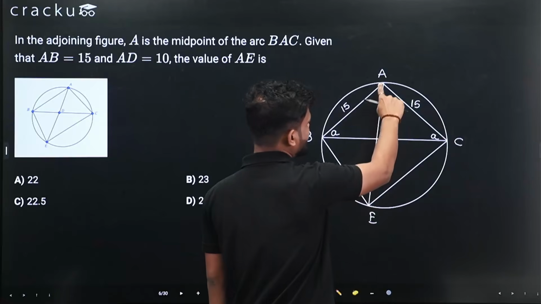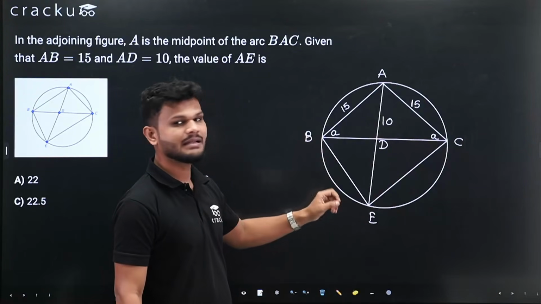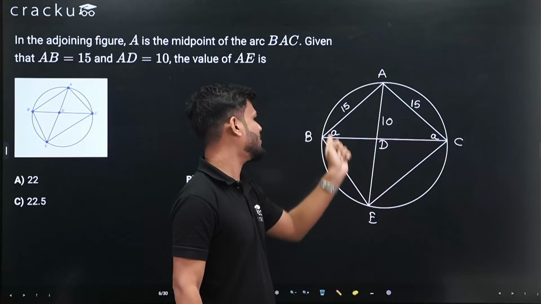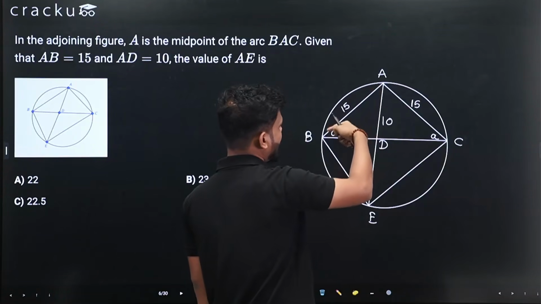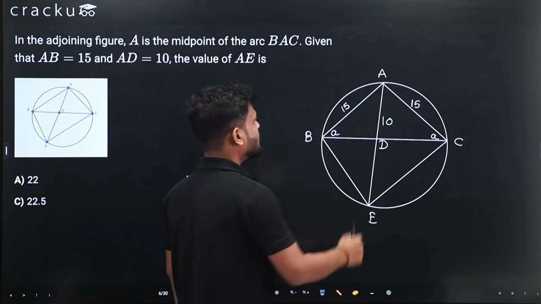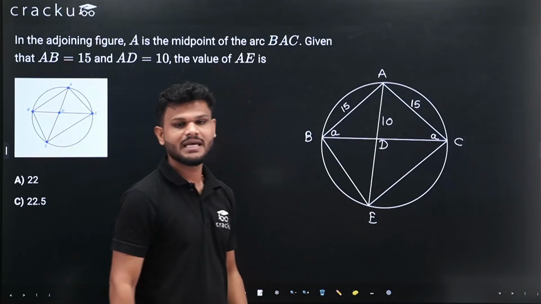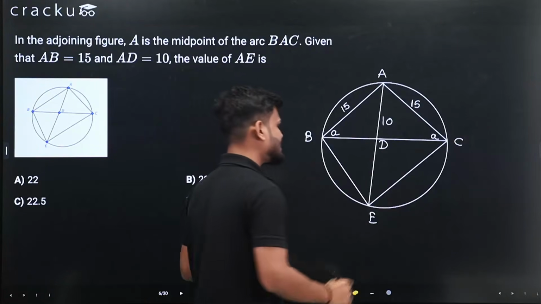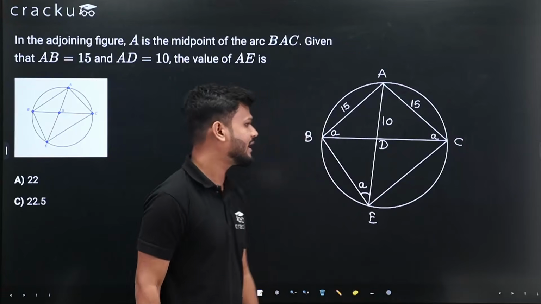Now, ACB is the angle inscribed by arc AB at the circumference of the circle. So for arc AB, ACB is the inscribed angle. But also for arc AB, AEB is an inscribed angle. So by the inscribed angle theorem, this will also become A.